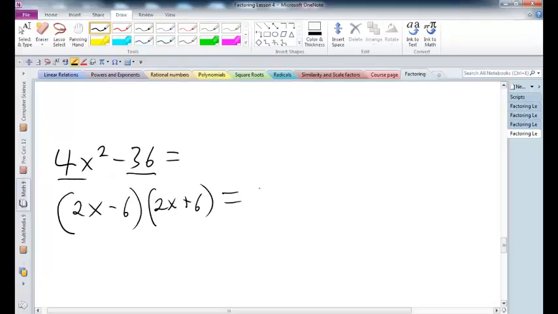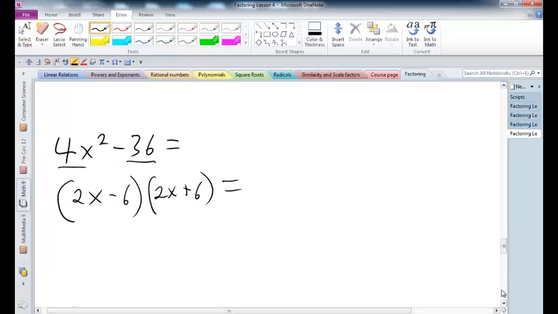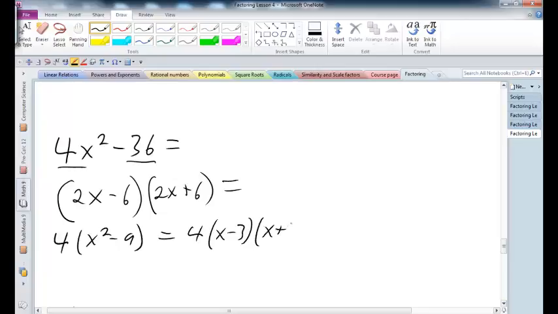But with this one, there's an added wrinkle. We could have factored the 4 out to start with. If we did that, we would have 4 times (x squared minus 9). Now it's a little easier to factor that difference of squares. We'd have 4 times (x - 3) times (x + 3).